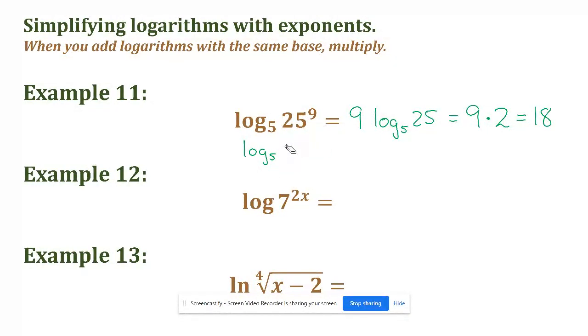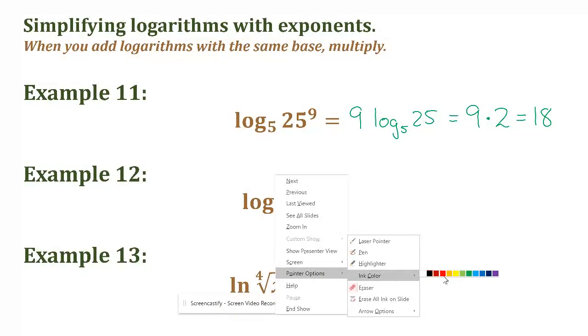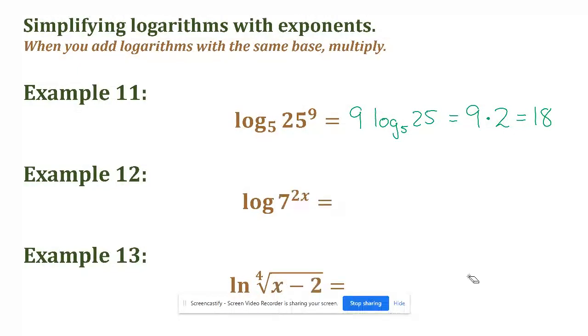And then the next one, this is a good example of how we can use this to solve problems. We have log, there's no base, so it's understood to be 10. Remember, if there's no base, it's automatically 10. So log base 10 of 7 to the 2x power. So here, x is an exponent. And when x is an exponent, it's very hard to deal with because it's kind of stuck.